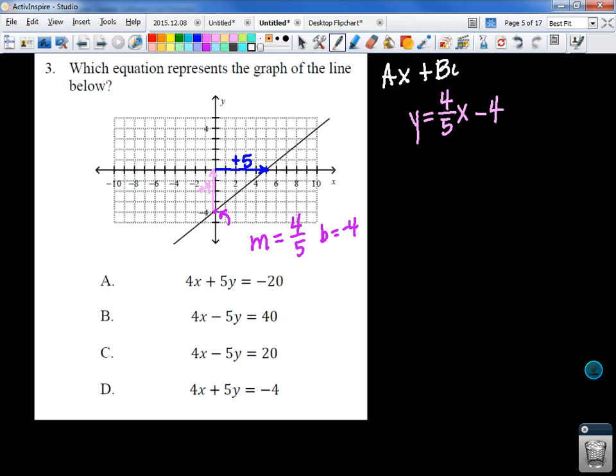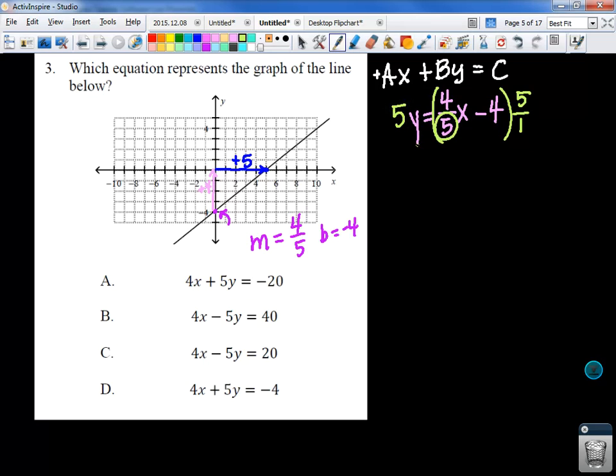If I want to convert these to standard form, I have to remember that a, b, and c all need to be integers, and that a should be a positive integer. So to get rid of the fraction, I'm going to multiply by the denominator. I like to write that as a fraction so that it matches with this fraction here. I don't need to do that on the left because y is like a whole number.